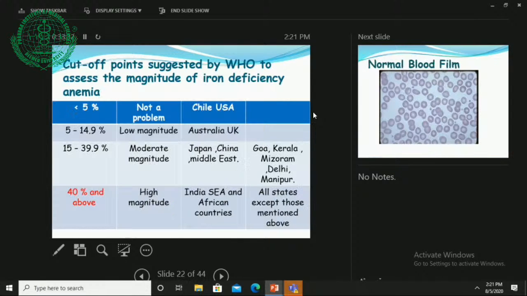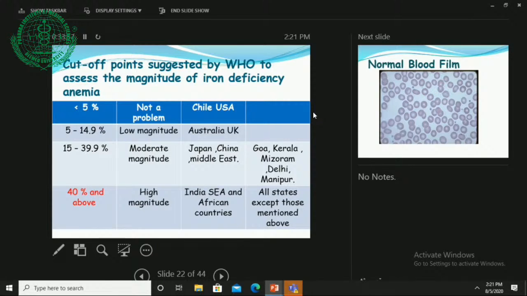Now we'll see the cutoff points suggested by WHO to assess the magnitude of iron deficiency anemia. The first column is prevalence, the second column is how you label that problem, the third column is the countries which have that problem, and in the fourth column I have shown the states which have that problem.